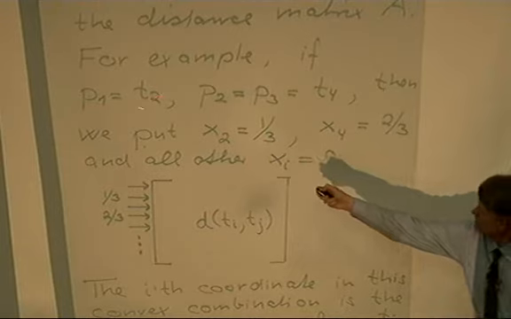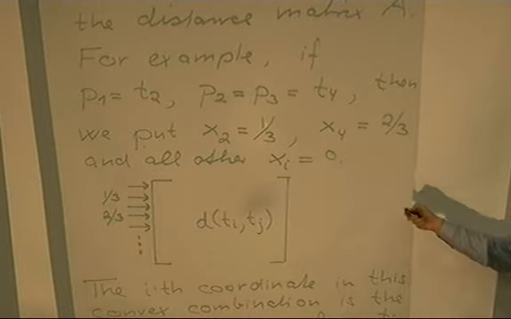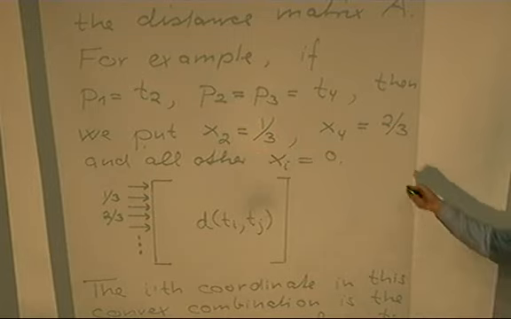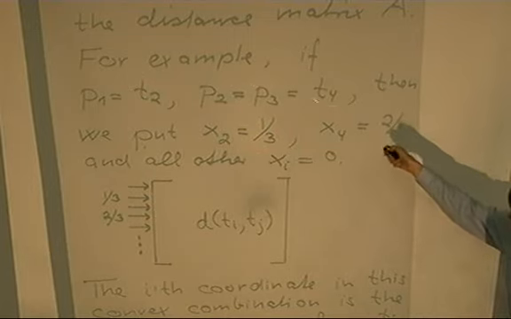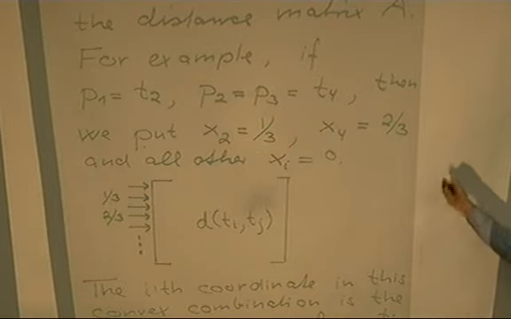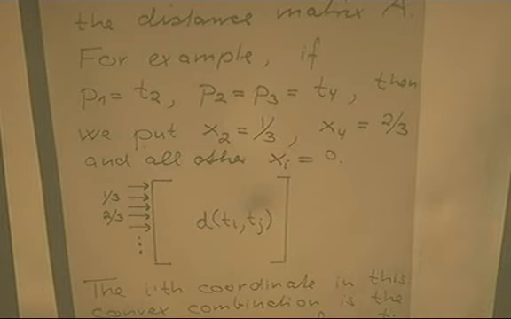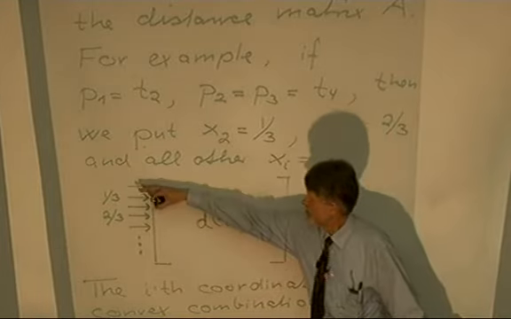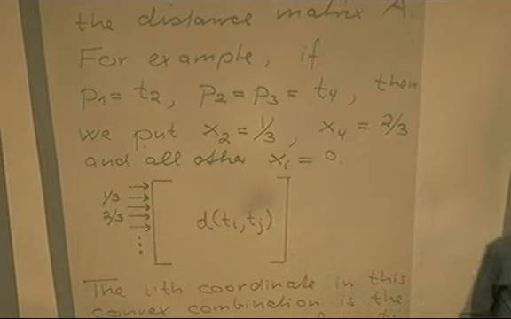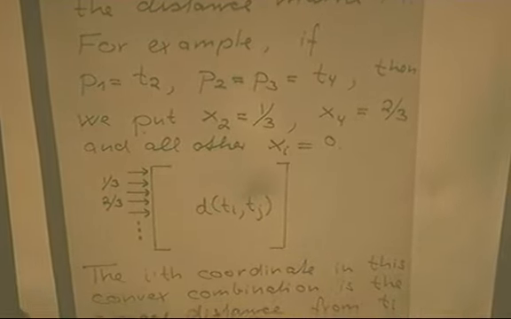Well, I'm going to say that the probability of this element is 1 over 3, because it occurs 1 out of 3 times, and the probability of this element is 2 over 3, because it appears 2 out of 3 times, and all other elements have probability 0. That gives us a probability distribution, but when I have that, I can also use those numbers as coefficients in a convex combination, and I'm going to do that.